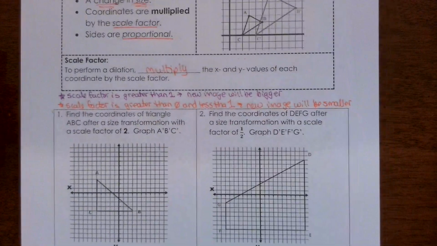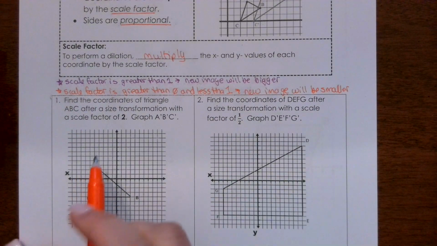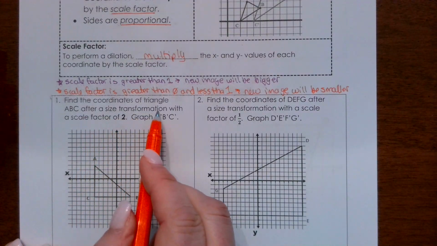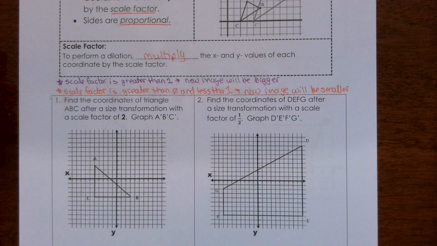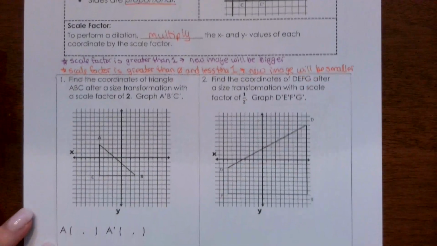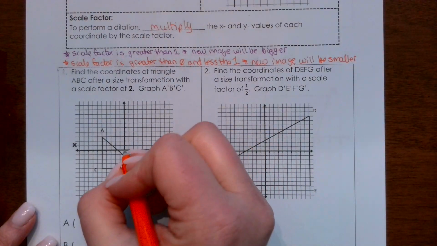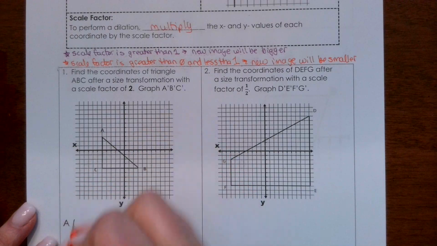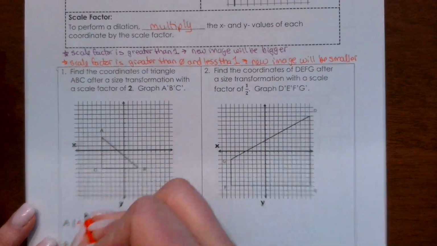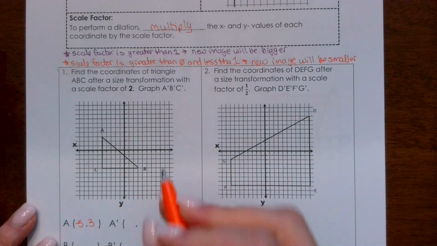Welcome back. Here we go. Let's look at number 1. We're going to find the coordinates of a triangle after a size transformation with a scale factor of 2. So first up, we've got to find our original points. Let's look for A. I start at 0, 0 and go negative 5, and up 3: negative 5, 3.